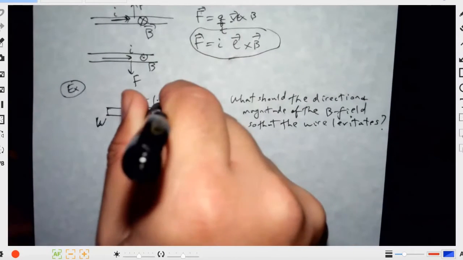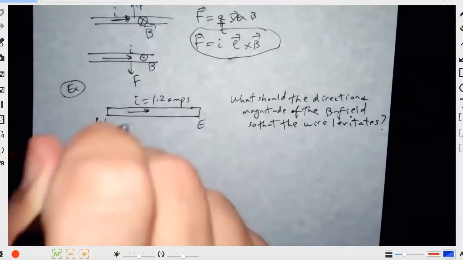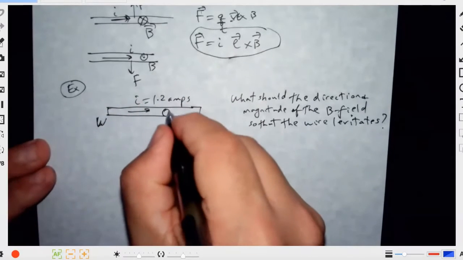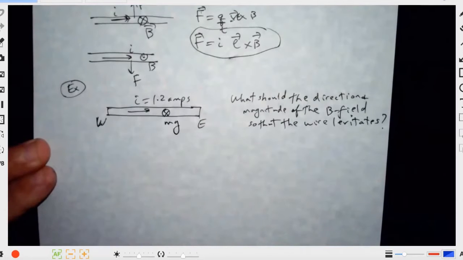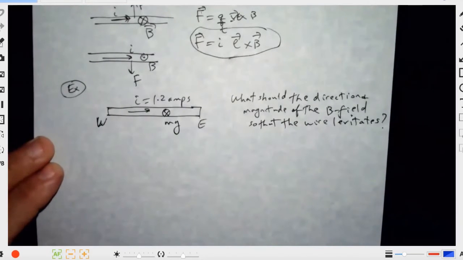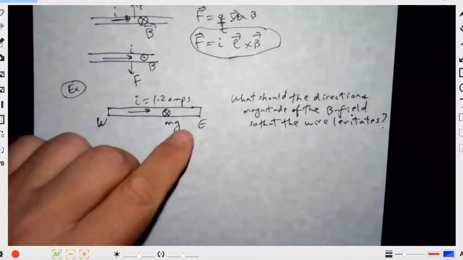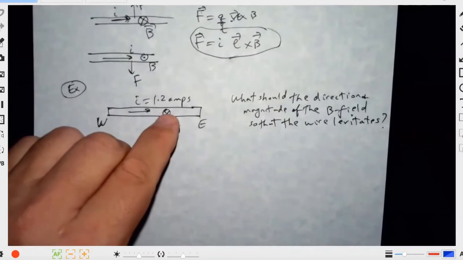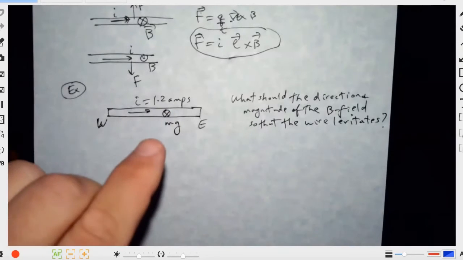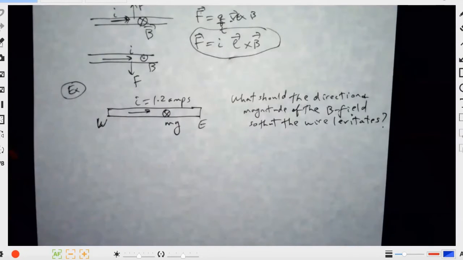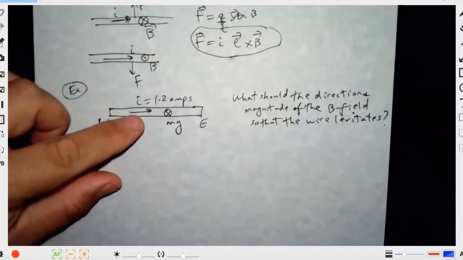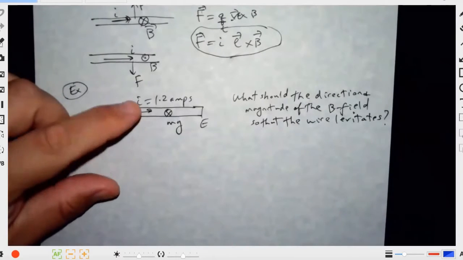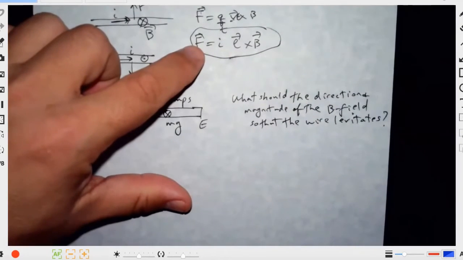Since the gravitational force mg is into the board, we want the force of the magnetic field to be out of the board. So which direction should I make the magnetic field in order for the magnetic force to be out of the board?